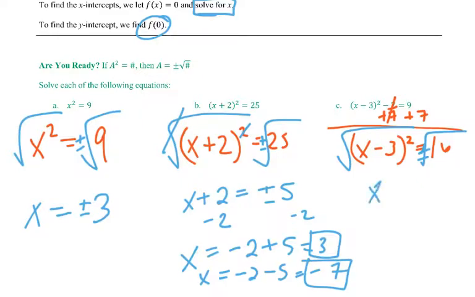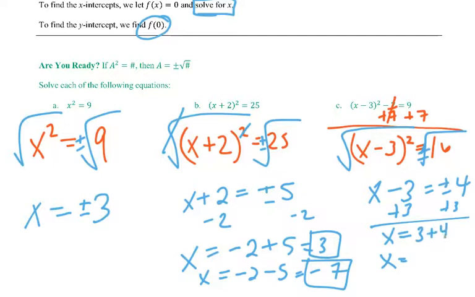On this one though, we end up getting x minus 3 equals positive or negative 4, so we're going to add 3 to both sides, and we get two answers, x equals 3 plus 4, and x equals 3 minus 4.